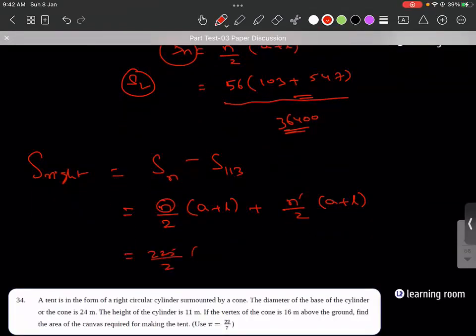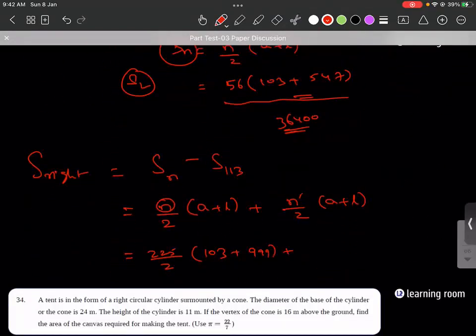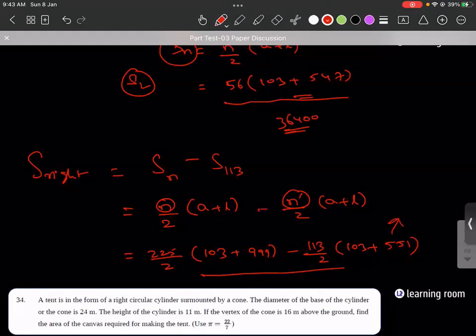It is 225 by 2 into a, which is 103, plus l, which is 999, minus 113 by 2 into a, that is 103, plus l, which is 551. You solve this, you will get the answer as 87024. This is slightly higher order thinking, but this is a very good problem.